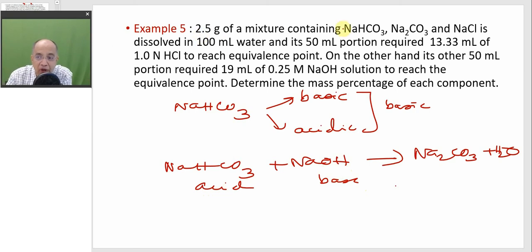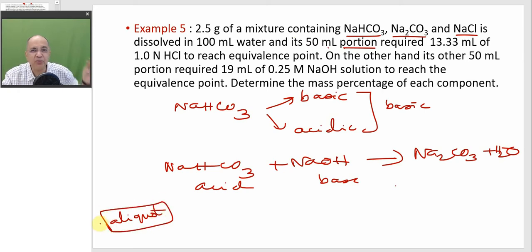Now read this problem. 2.5 gram of a mixture of sodium bicarbonate, sodium carbonate and NaCl. NaCl is an impurity. It neither will react with HCl nor with NaOH. It is dissolved in 100 milliliter water, that is the stock solution, and 50 ml from this stock solution is taken. When you are taking a small portion from the stock solution, that small portion is sometimes called an aliquot.